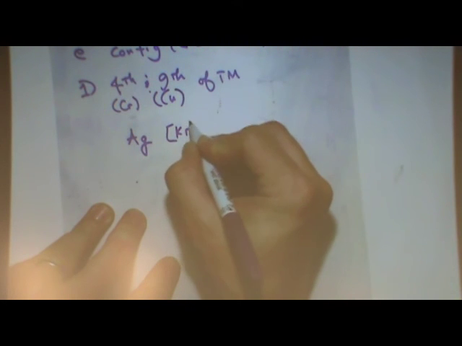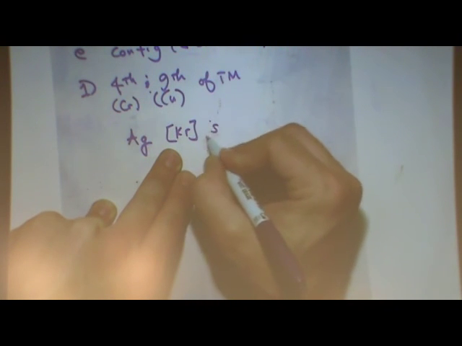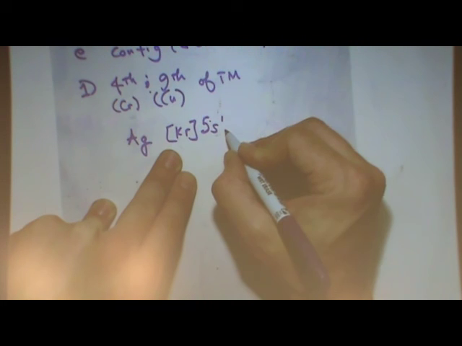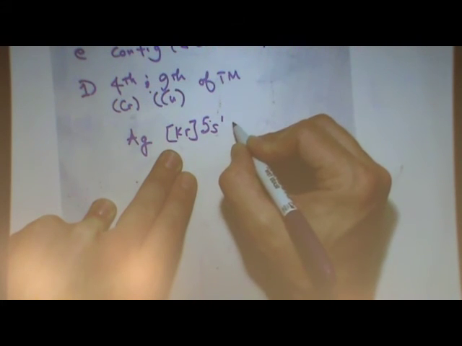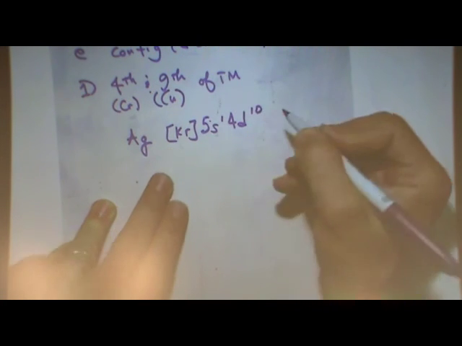So the previous noble gas is krypton. What do I write next after krypton? 5s1, and then what's the next number? 4d10. I'll write it in a different color.